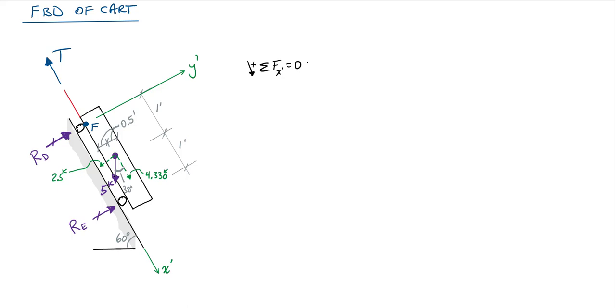So I'm going to have 4.33 kips minus T equals 0. So that tells me that the tension in the cable is 4.33 kips. So that's really cool. And I can put that up here, using my free body to update it, to help inform my next steps.